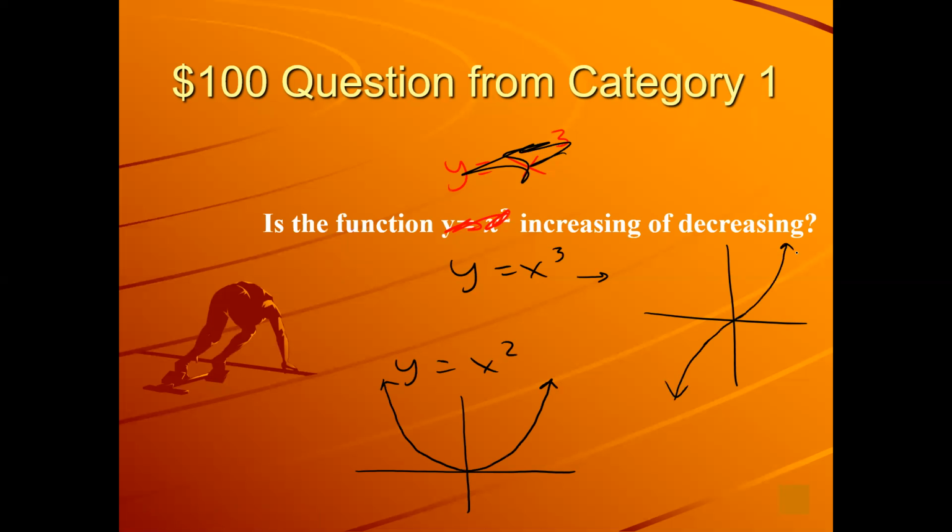So therefore, x cubed would be increasing all the time. X squared, if we're going to leave x squared as a function, you're going to say it's increasing from 0 to positive infinity, but also decreasing from negative infinity to 0. We always talk about the x-axis as the interval that it's doing that on. We're good?